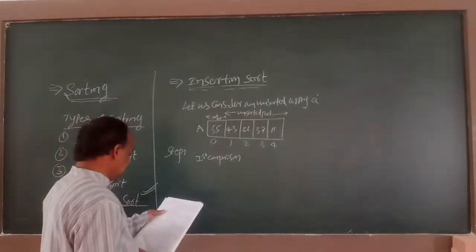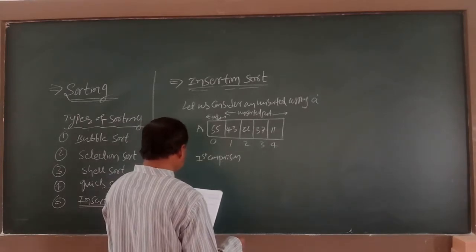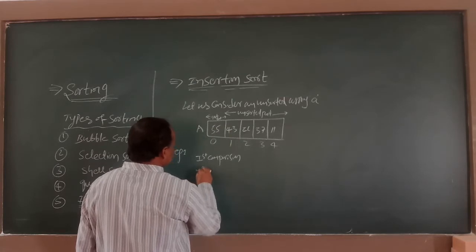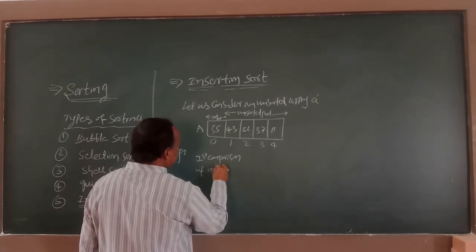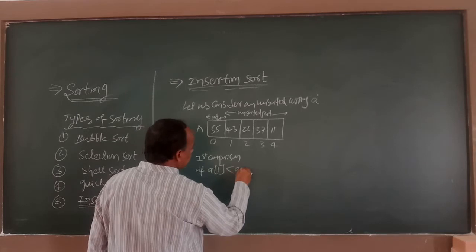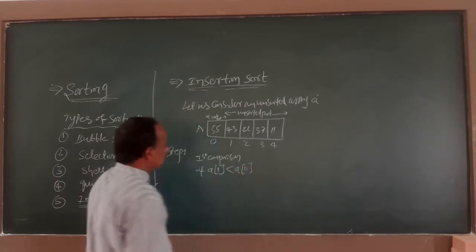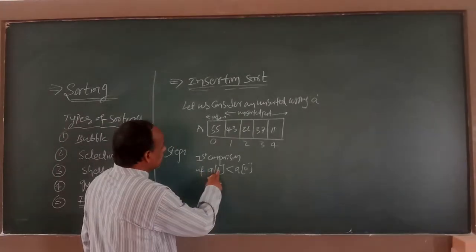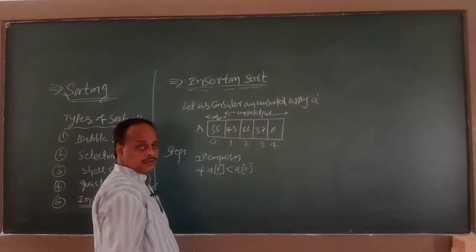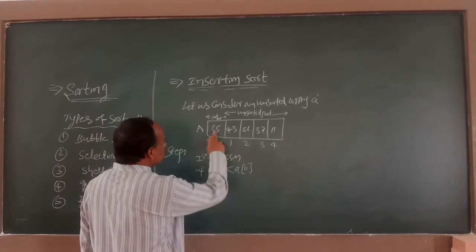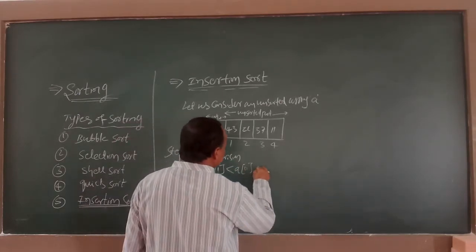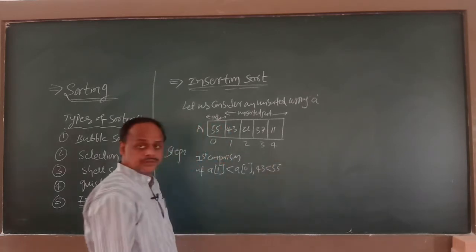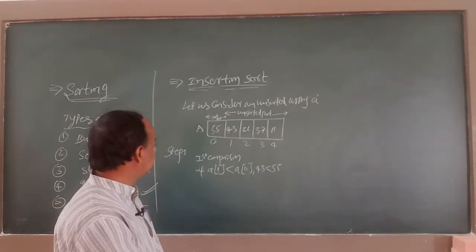If A of 1 is less than A of 0, that is A of 1 means 43, and 43 is less than A of 0 means 55. That is, 43 is less than 55.